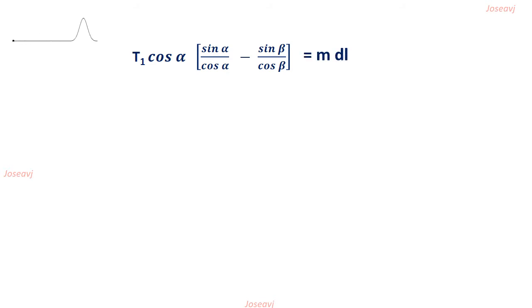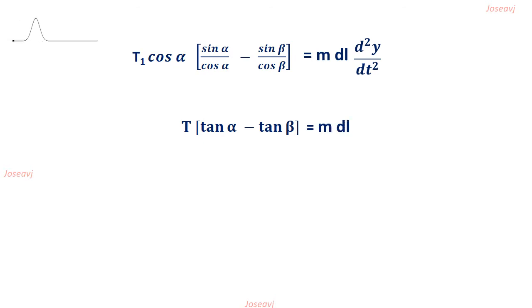Taking the common term out, we get T1 cos alpha into sin alpha divided by cos alpha minus sin beta divided by cos beta equal to m dl d squared y divided by dt square. Now we know the horizontal forces are balanced, that is T1 cos alpha equal to T2 cos beta. Let it be equal to T. And we know sin by cos is tan. Therefore, the above expression can be written as T into tan alpha minus tan beta is equal to m dl d squared y by dt square.